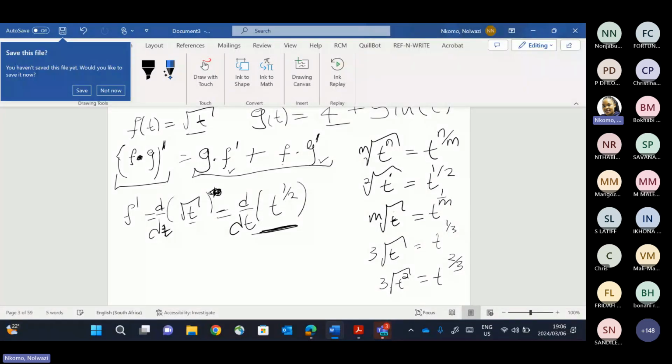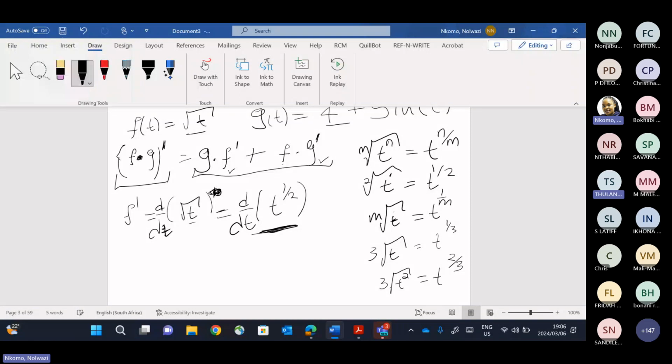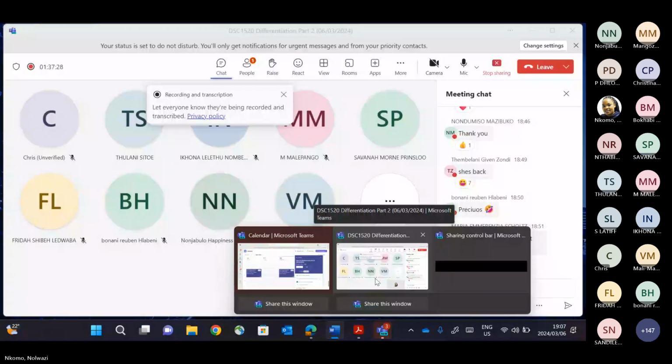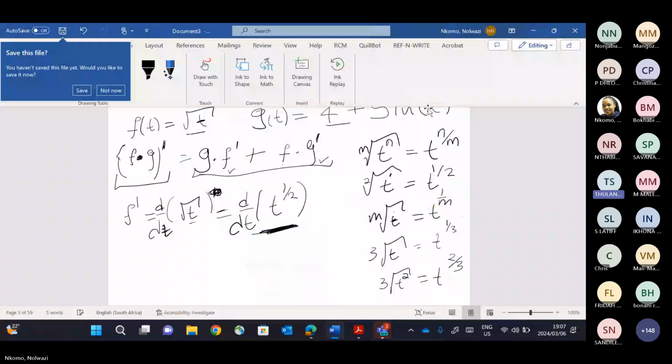Since we have simplified it, we can go back to our rules to check if we have any rule that can help us differentiate this function. We have t to the power a half, right? Go back to rule 2.